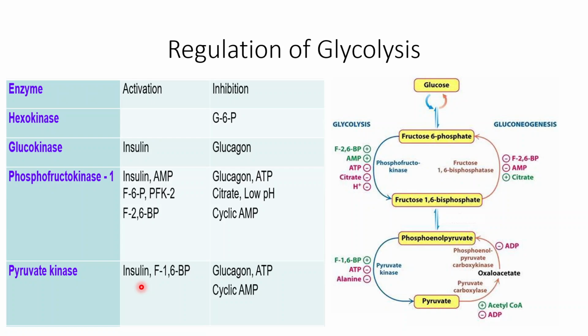The other mechanism by which insulin activates pyruvate kinase is by dephosphorylation. Glucagon inhibits pyruvate kinase by phosphorylation with the help of cyclic AMP. And ATP also inhibits pyruvate kinase by allosteric mechanism. So this is the regulation of glycolysis.